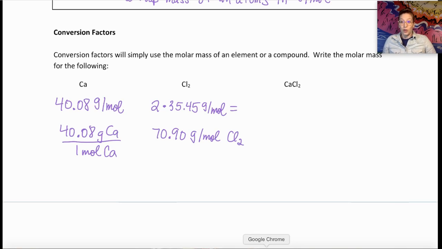Okay, so looking at the molar mass of a compound, in this case CaCl2, we're going to just take exactly what we have: 1 calcium plus 2 chlorines to get the total mass of this compound.